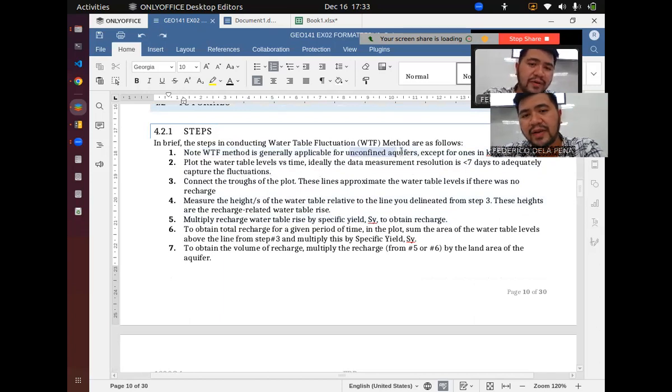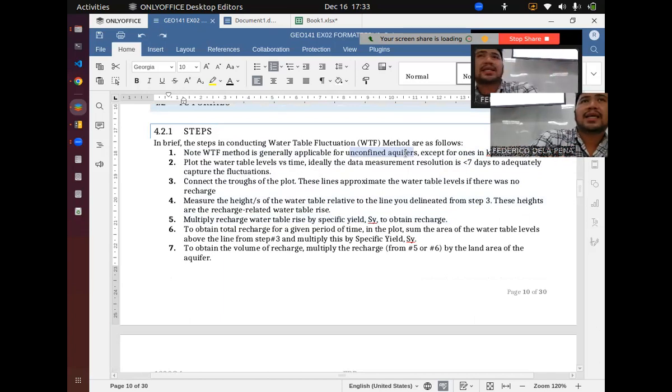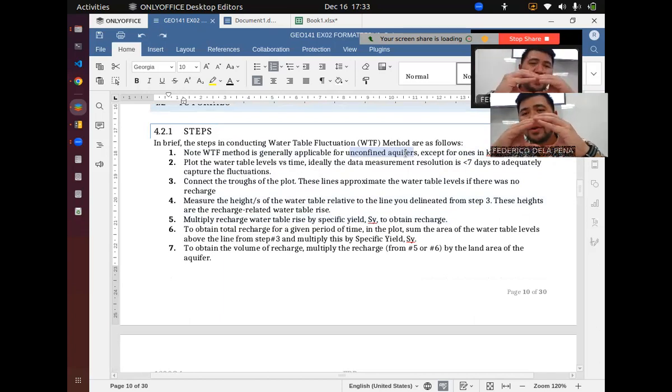You cannot use it for confined aquifers, mainly because confined aquifers act like a diaphragm, like a water balloon, like you're squeezing a balloon, and their water table rise and fall is complicated compared to unconfined aquifers.